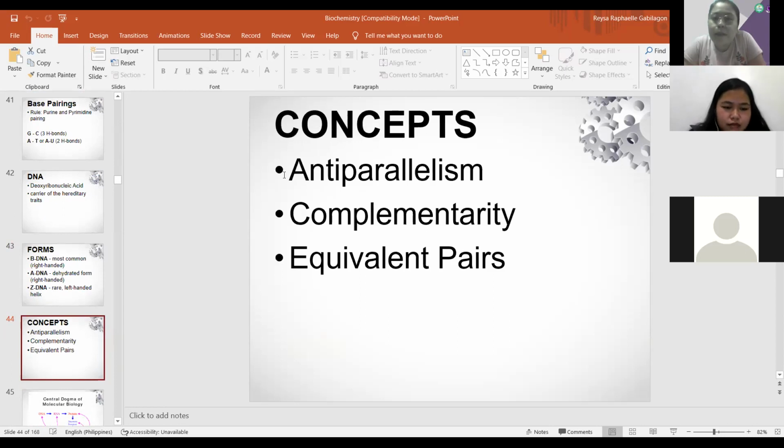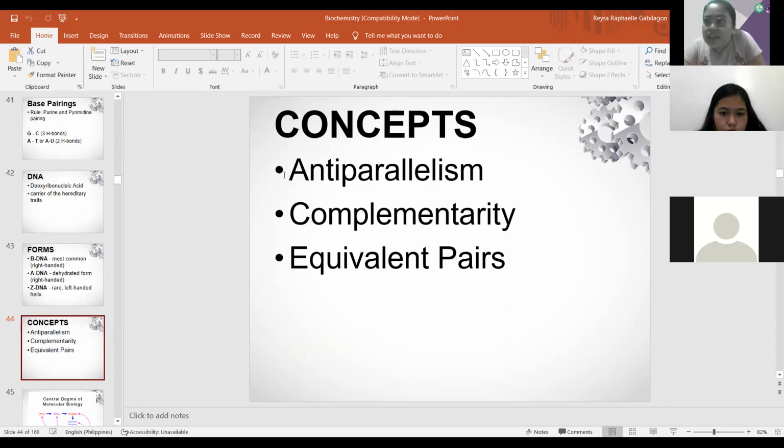Okay? And then again, we ended here with the concepts. When you say anti-parallelism, di ba double helix yung DNA natin? The first strand will start at 5' to 3'. So 5' siya mag-start. The 5' is referring to the number of carbon number 5 siya, ang connection between the phosphate and the sugar, and then it will end at 3'.